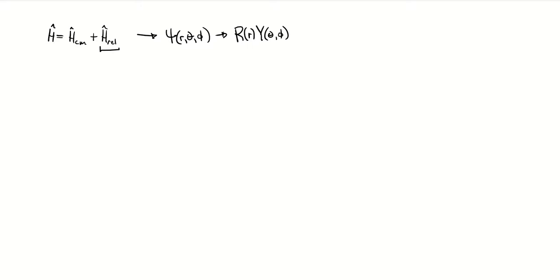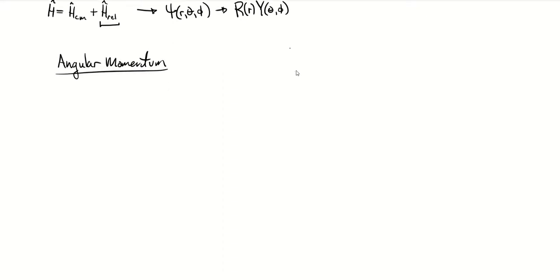But before we do that, we're going to quickly recap a little bit of angular momentum to get us going. Starting classically, we define the angular momentum as the cross product of position with the linear momentum.